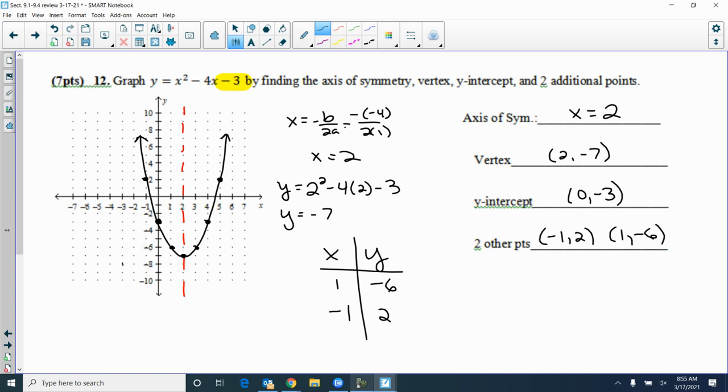All right, for 13, look at the equation and before you even start, which way should that open, up or down? Down. Should open down, so make sure it does open down.